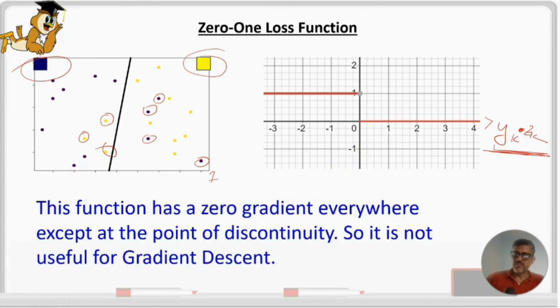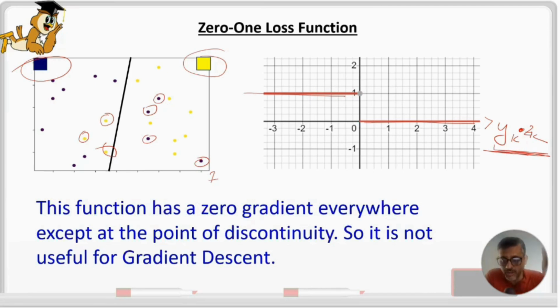What we observe is that this 0-1 loss function has a 0 gradient everywhere. There is one point of discontinuity that you ignore, but the value of the loss function remains constant everywhere else, and therefore it is not useful for gradient descent.